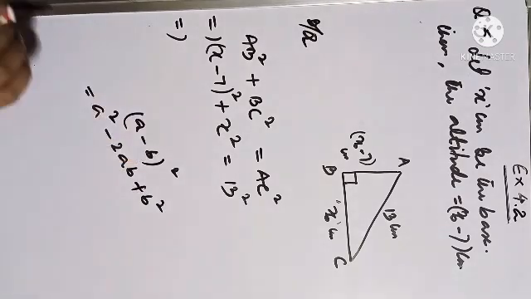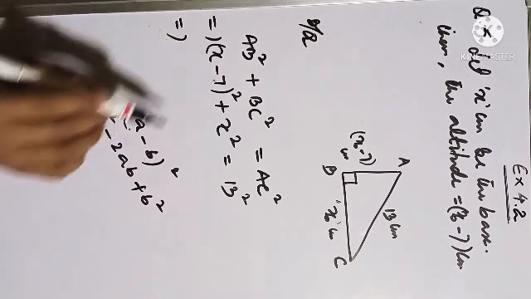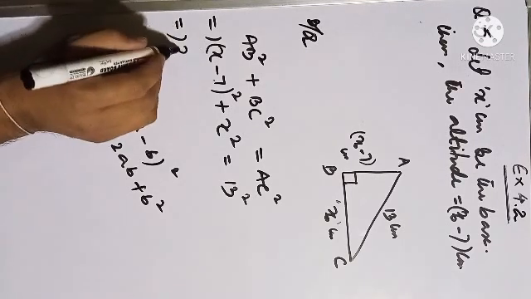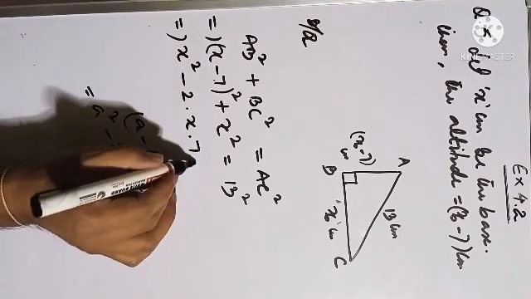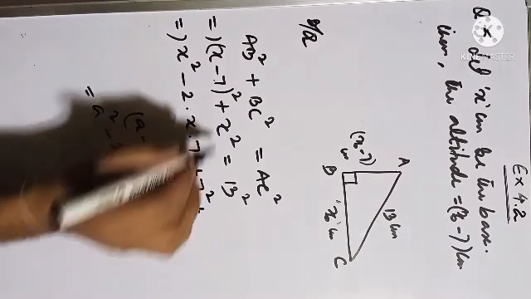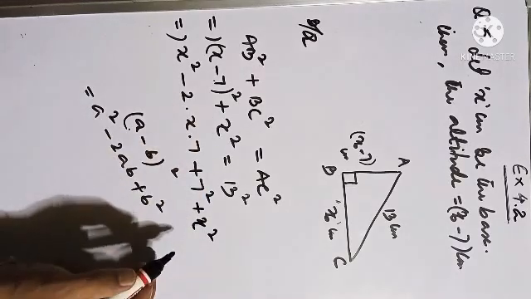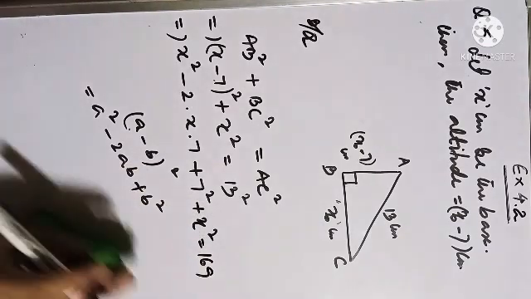Now let me apply here. Please think that this x is just like your A and 7 is like B. So A square minus twice AB plus B square, then plus this x square, and then we have 13 square is 169.